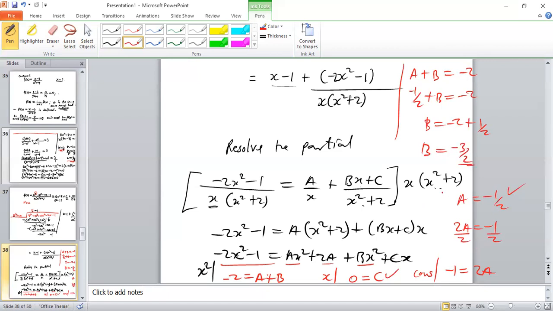So these are the values of A, B. After resolving the partial, the value of A is -half, so we have -half here. The value of B is -3/2, so -3/2 x, and C is 0, like that.